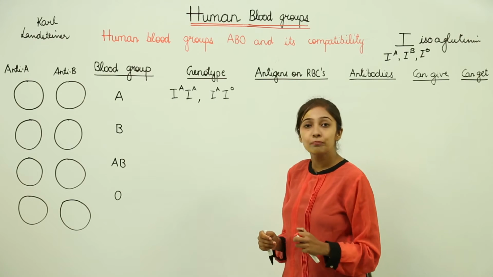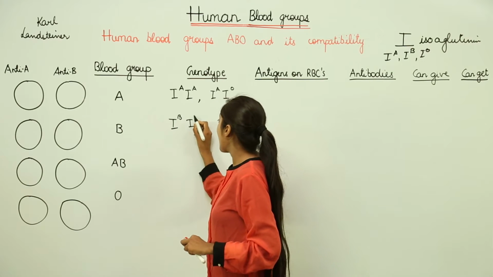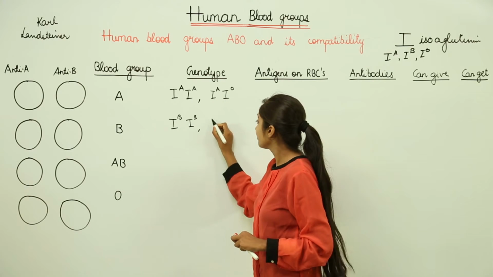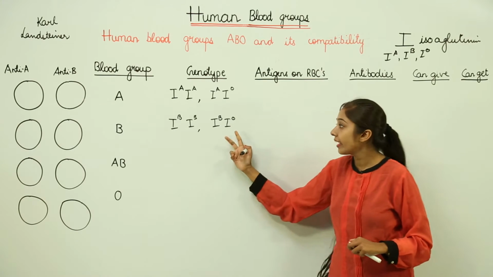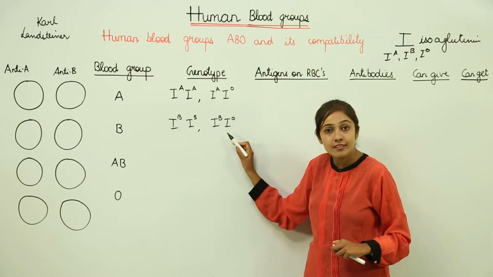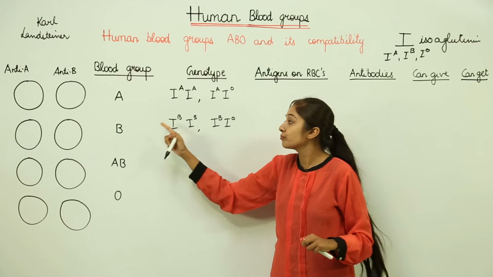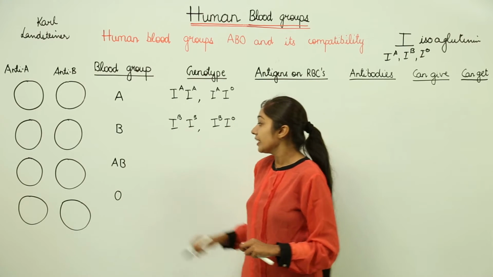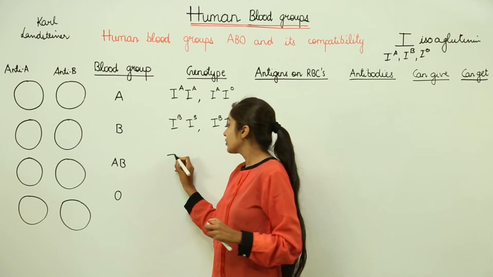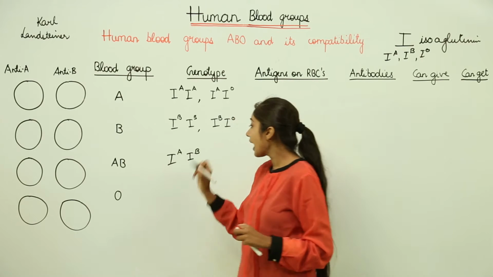Next, for blood group B, we have the genotype IB IB, or it can be IB IO. Again here IO is the recessive one, so blood group B is going to be expressed. Then we have AB. In case of AB, we just have the combination IA IB.